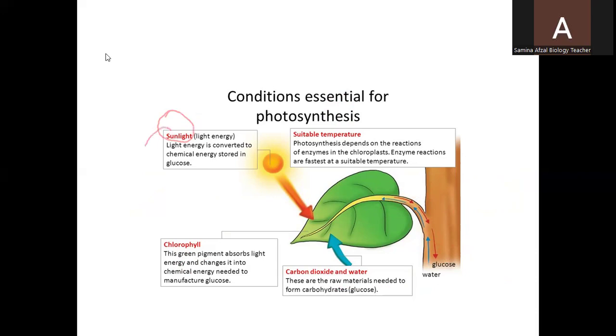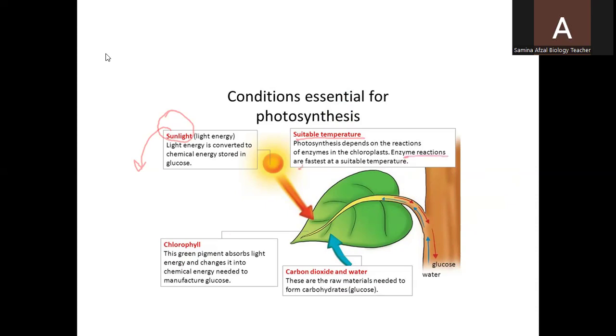So sunlight is necessary for this process of photosynthesis, which is captured by the chlorophyll.